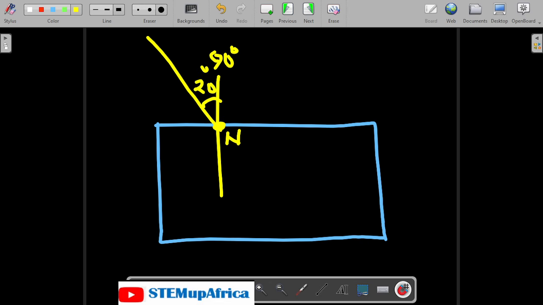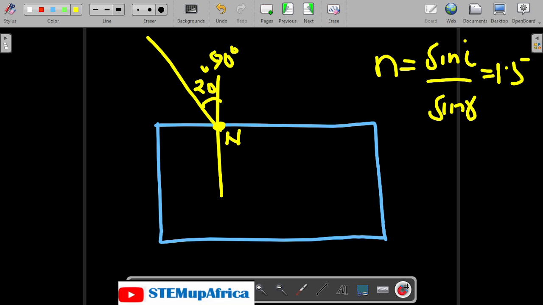Okay, so you use your glass block to trace this outline. We know that from the law of refraction, refractive index is sin I over sin R, and the value for a glass block is always 1.5. So my sin R will be sin I over 1.5.